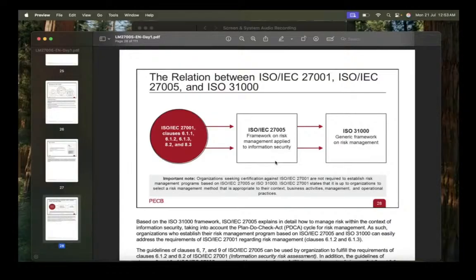So that is the basic difference we can tell about 27005 and 31000.